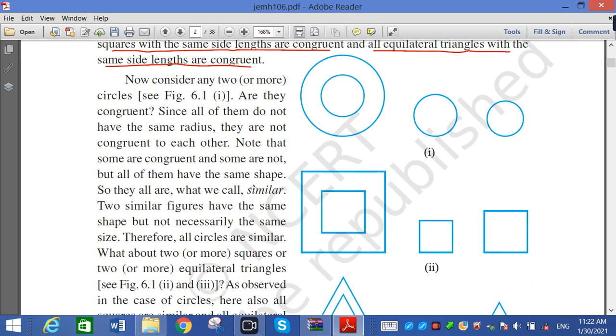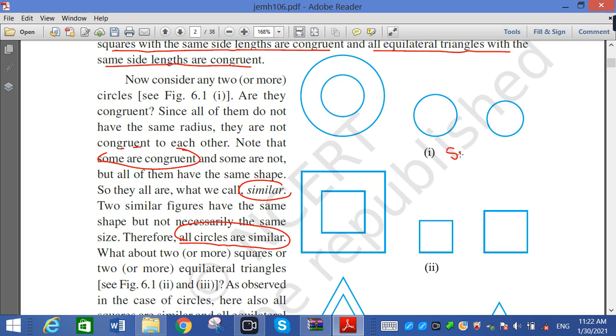Squares again, congruent figures may be similar because all of them have the same shape. Two similar figures have the same shape but not necessarily the same size. So circles are similar. Here the square is also similar. Again the circle is also similar.